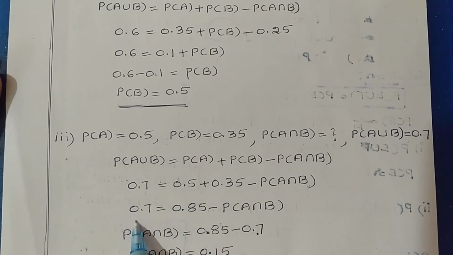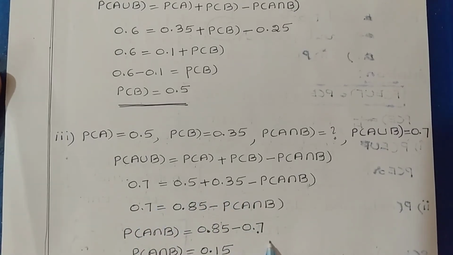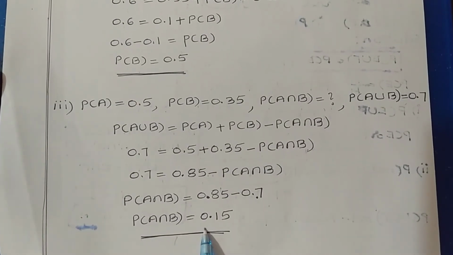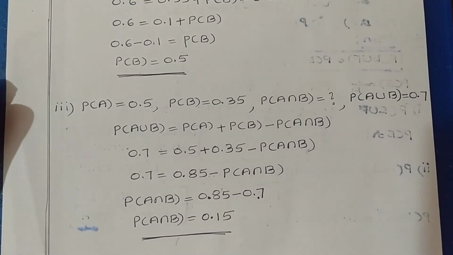So here we get 0.7 is equal to 0.5 plus 0.35, that is 0.85 minus probability of A intersection B. Now take this to left hand side. So probability of A intersection B is equal to 0.85, take this to right hand side, minus 0.7. Probability of A intersection B is equal to 0.15.